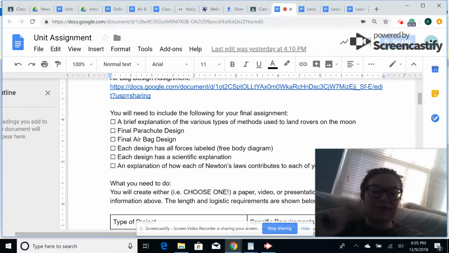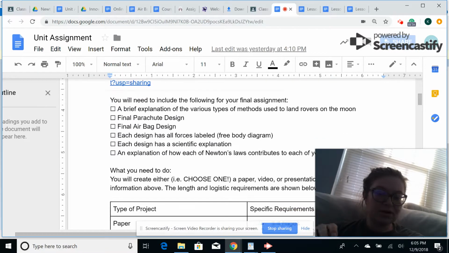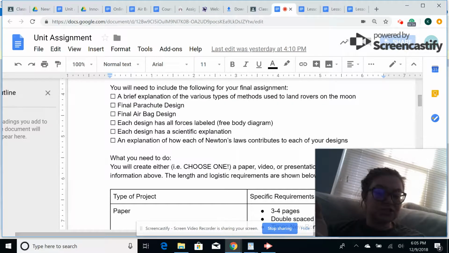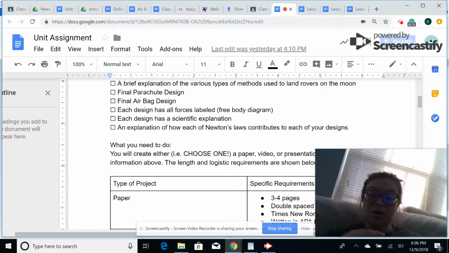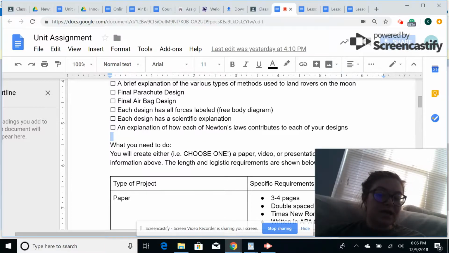They have to have their final parachute design and their final airbag design, and each design has to have all forces labeled on it, because that's the gist of Newton's three laws of motion: it covers all different types of forces and how they interact with one another. Each design has to have a scientific explanation for why they chose it, for example, I chose to do 4 parachutes on the back because X, Y, Z. And they have to explain how each one of Newton's laws contributes to each of their designs.